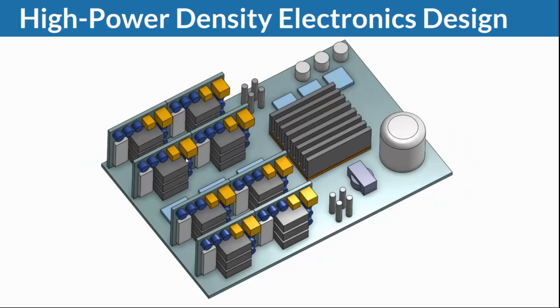The design scenario we're looking at today is this little piece of high power density electronics. We've got a PCB board at the bottom, and a bunch of semiconductors around. Here's a CPU with a heatsink on top of it.